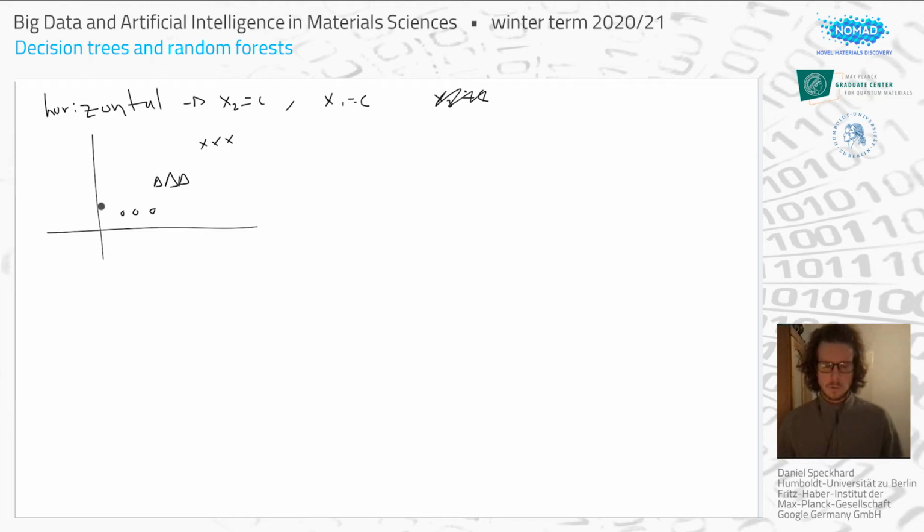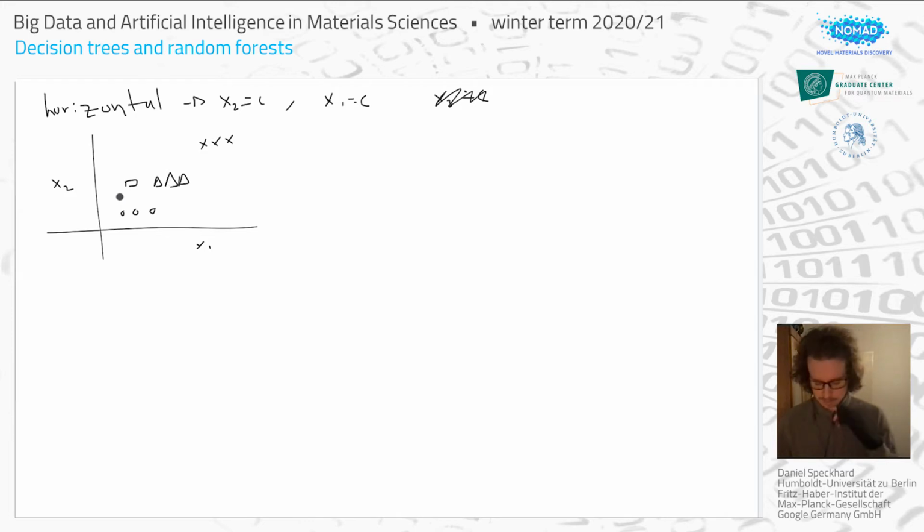Okay, great. So what we did before is we made two horizontal splits here. x2 equals 1.5, x2 is equal to 2.5. And then we came up with some regions, and we were able to then classify a new data point that showed up here, for instance, as belonging to this region, and therefore it is a semiconductor.